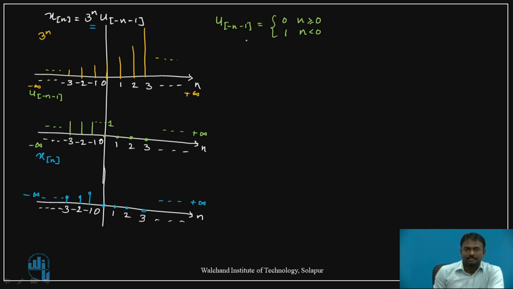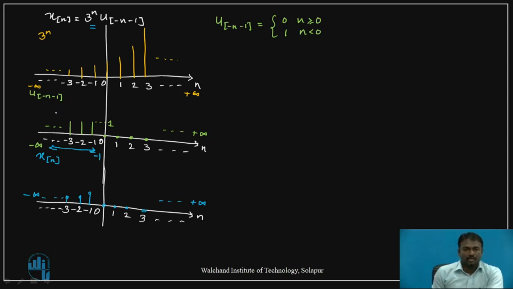As per the definition, u of minus n minus 1 is equal to 0 for n greater than or equal to 0, and it is equal to 1 for n less than 0. Therefore, the signal u of minus n minus 1 exists all the way from minus infinity to minus 1.